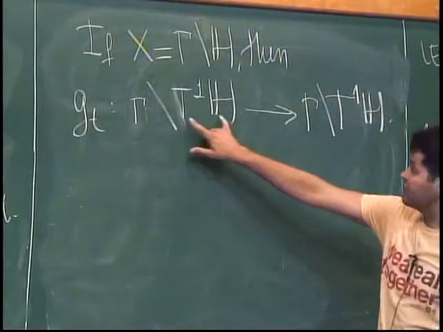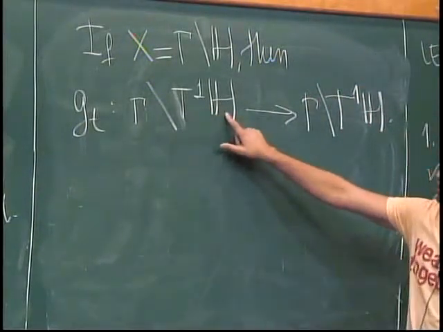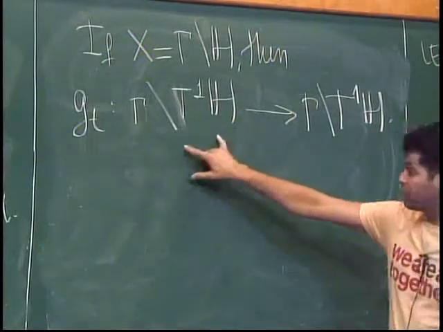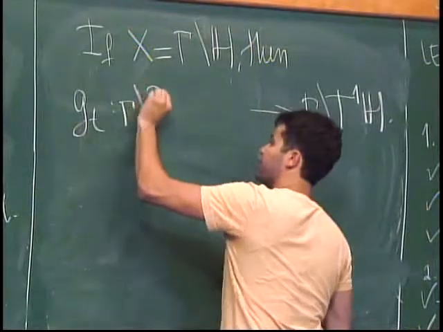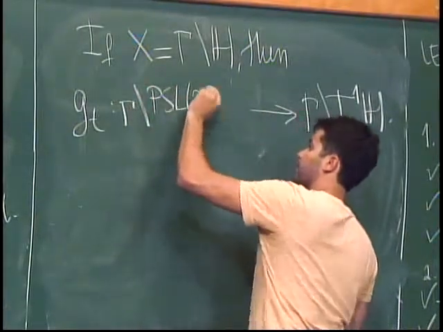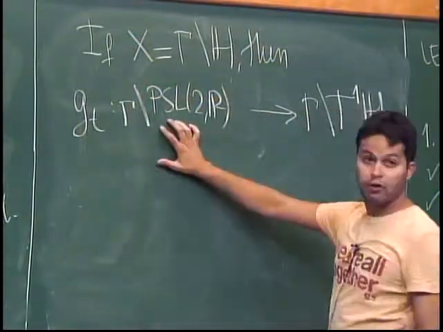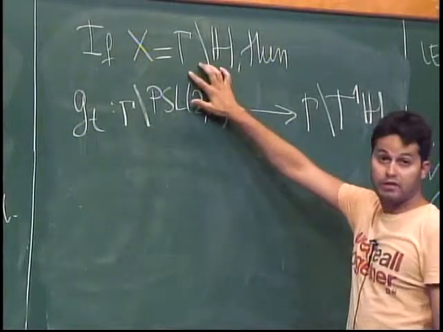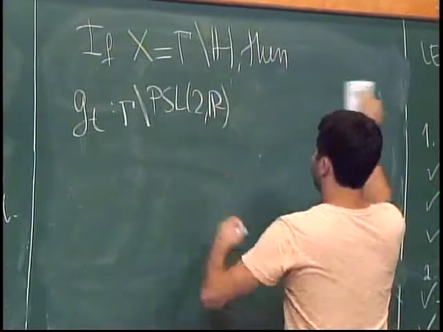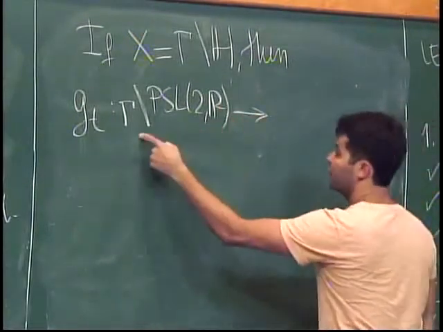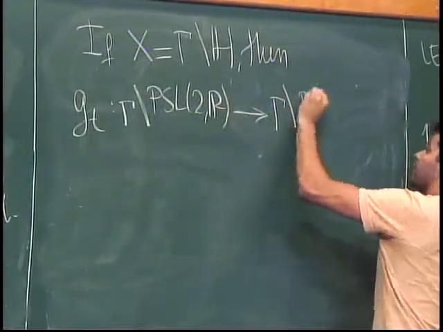So the geodesic flow is a flow on this quotient. But if you have an association of T1 of H with PSL2R, this quotient here is nothing but the quotient of gamma with PSL2R. So the geodesic flow of this hyperbolic surface in PSL2R coordinates should be a map from PSL2R mod gamma to PSL2R mod gamma.